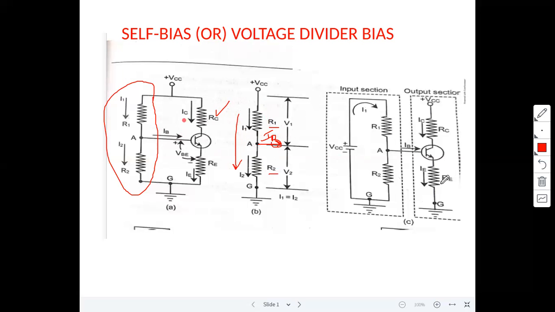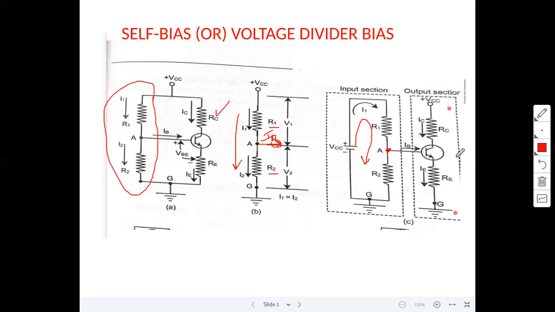Now the same circuit is separately drawn as input section and output section. The input section consists of this loop: R1, R2 and VCC. We have to find the equivalent voltage at the base, V Thevenin, and similarly the equivalent resistance at the base, R Thevenin, using Thevenin's theorem.